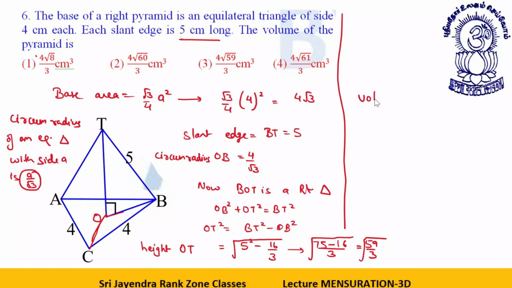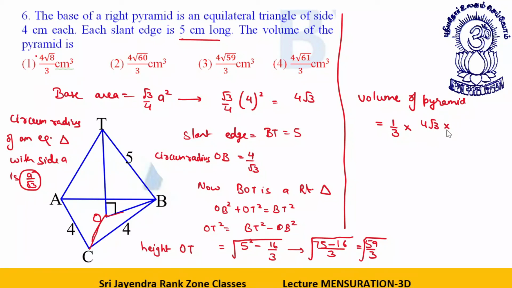Now what will be the volume? Volume of pyramid will be 1 by 3 into base area. Base area is 4 root 3. What is the height?